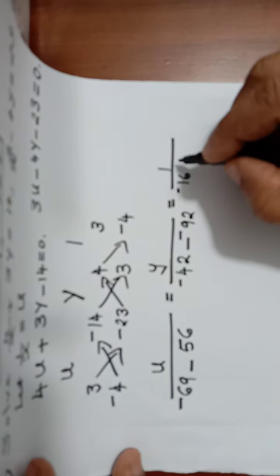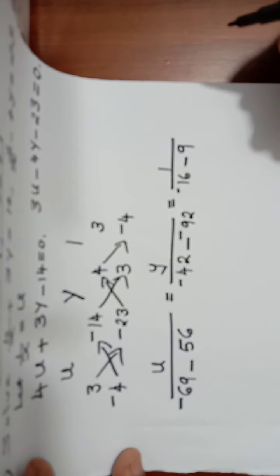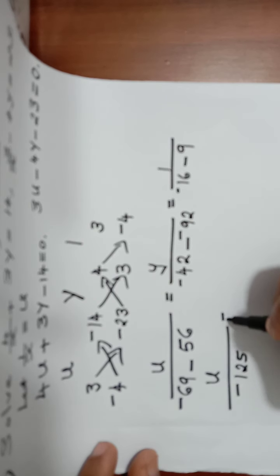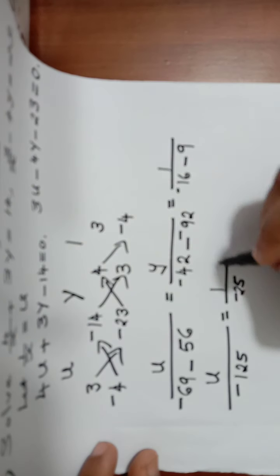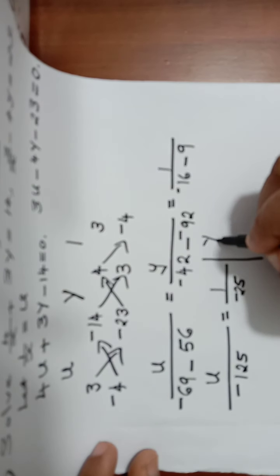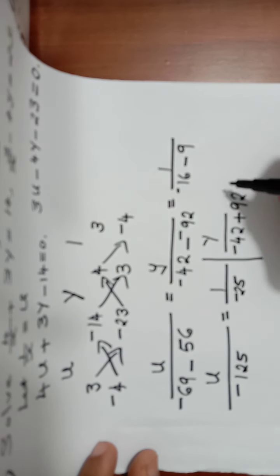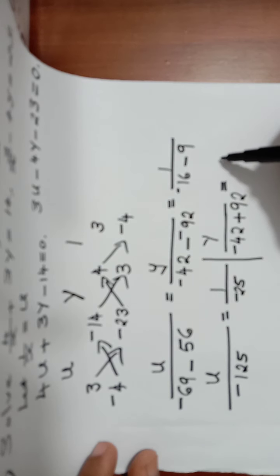Here comes negative, minus 3 3s are 9. So we have u divided by, both are negative, so add both, we will be getting the answer negative 125. That's equal to 1 by negative 25. Then y divided by minus 42 plus 92. That's equal to 1 by negative 25.